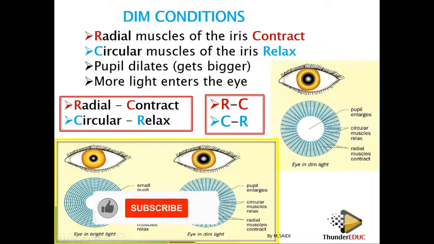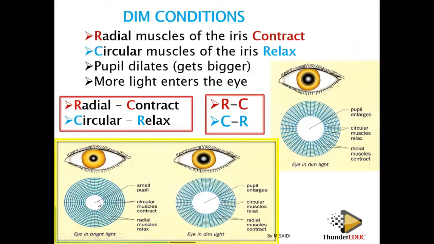The space where light is passing here is small compared to this. So I'll say that this one has constricted while this one has dilated. That's what you need to know during dim and bright light. During dim light, more light enters the eye, while during bright light, less light enters the eye. What are some of the ideas?